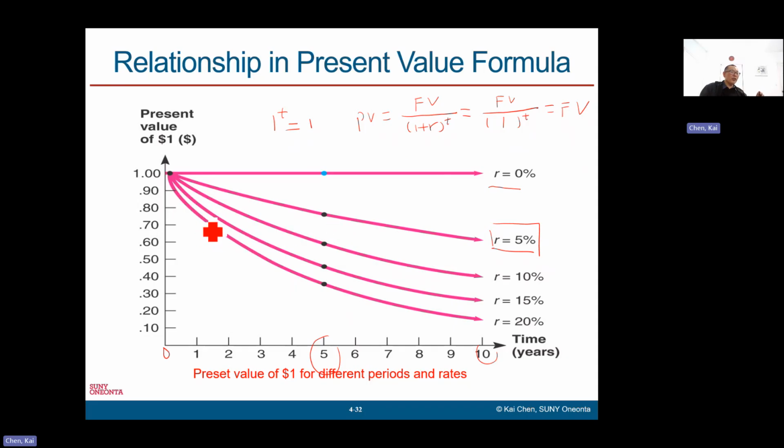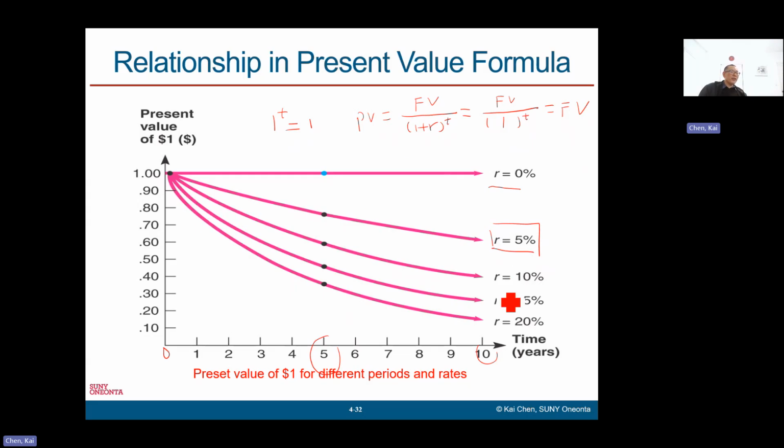Okay, that means in order to receive $1 5 years from now, at the interest rate of 5%, today you have to invest approximately 80 cents, right?